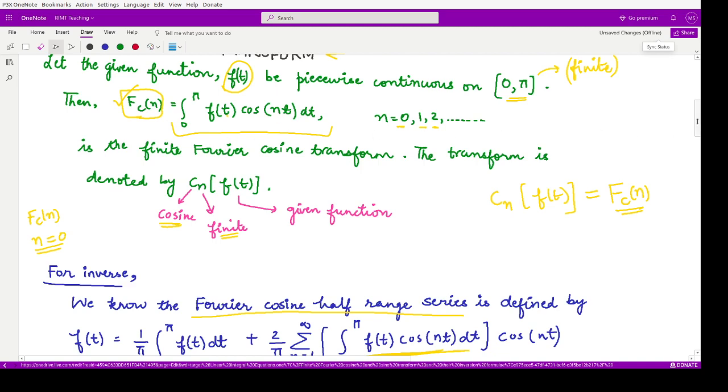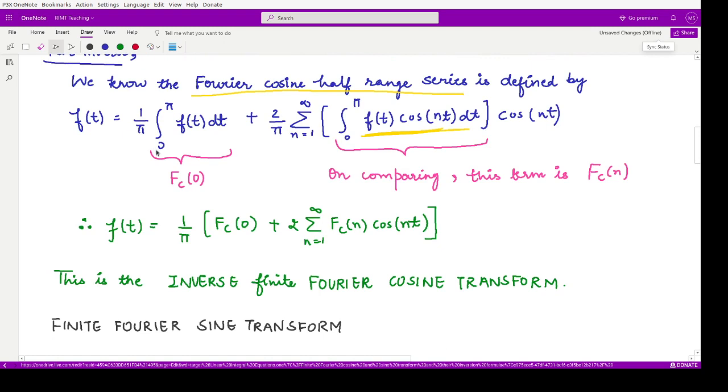So this expression is equal to integration from 0 to pi f of t dt, and the first term is 1 by pi times this, identified by Fc of 0. So we can write f of t as 1 by pi Fc0 plus 2 by pi summation n varies from 1 to infinity Fcn cos nt. This is the expression for the inverse finite Fourier cosine transform.